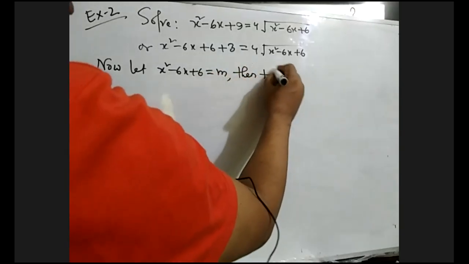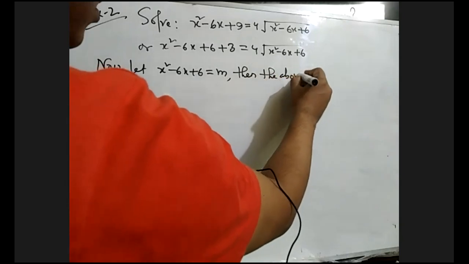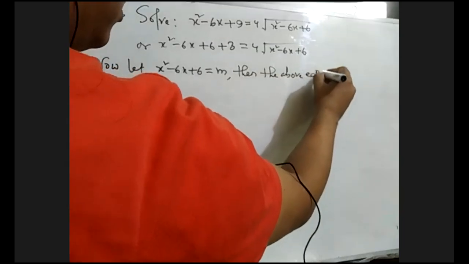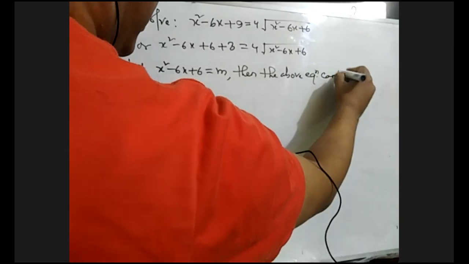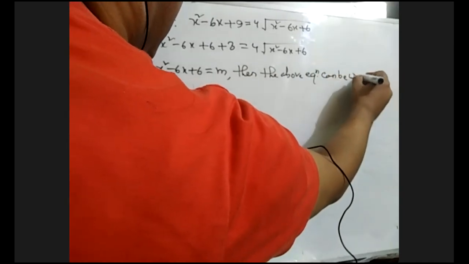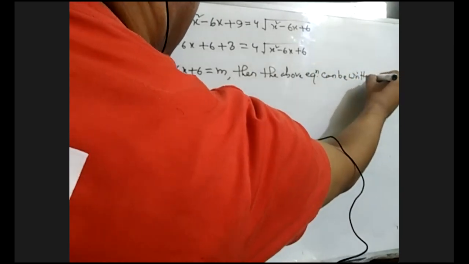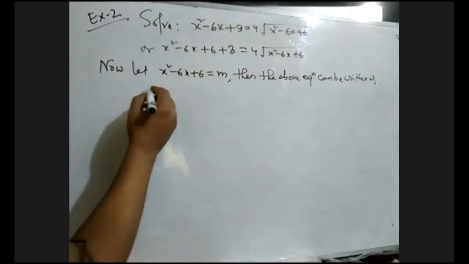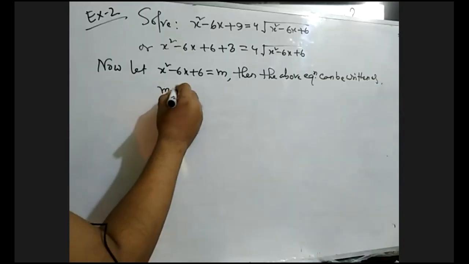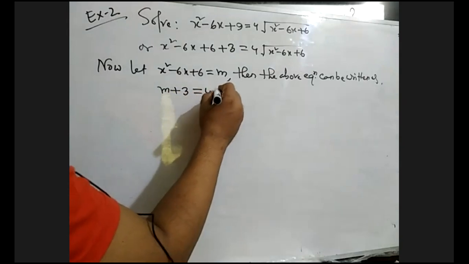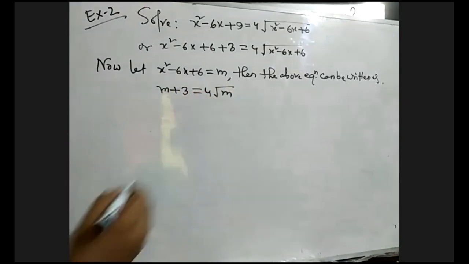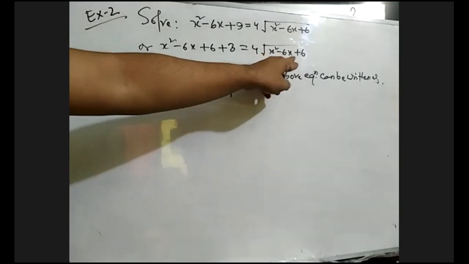Then the above equation can be written as m plus 3 equals 4 times root m, because x square minus 6x plus 6 equals m.